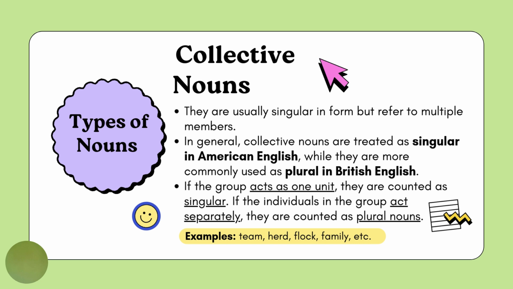So if the group acts as one unit, you count it as singular. But if the individuals in that group do something differently or act separately, they are counted as plural nouns. There are some words considered collective nouns: team, herd, flock, family, audience as well.